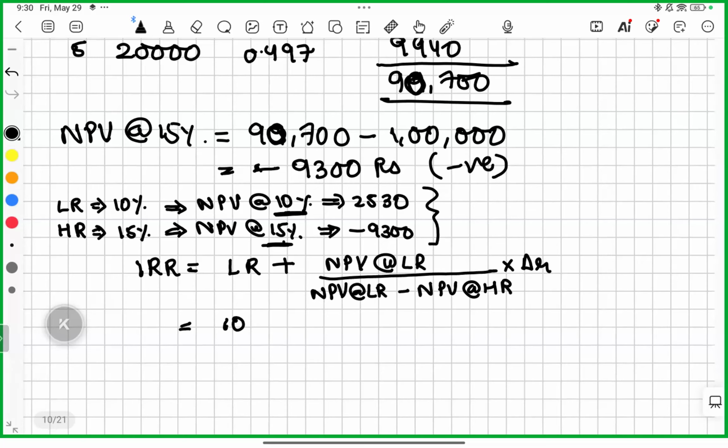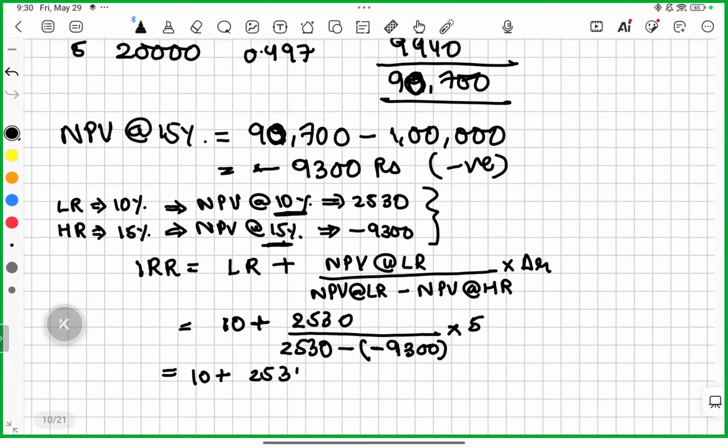Lower rate is 10%. For time being, we will ignore the percentage sign. NPV at lower rate is 2530 upon NPV at lower rate, 2530, minus NPV at higher rate, minus 9300, into delta R, which is 5%. So 10 plus 2530.